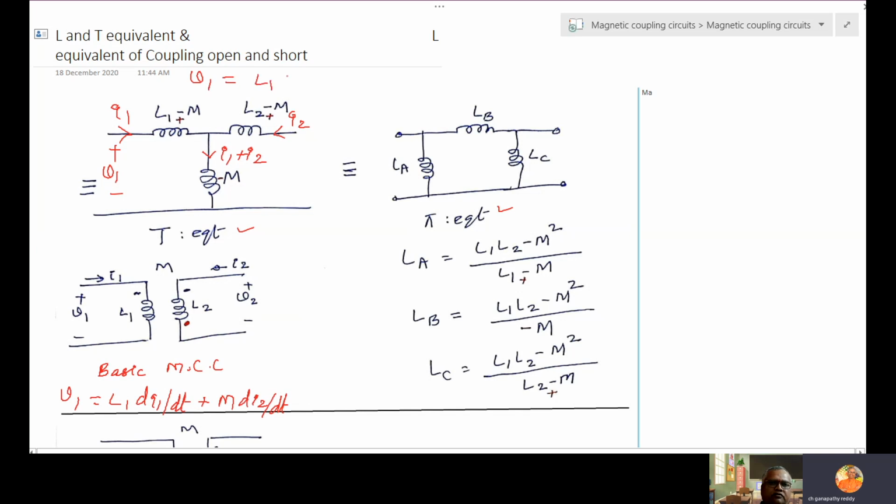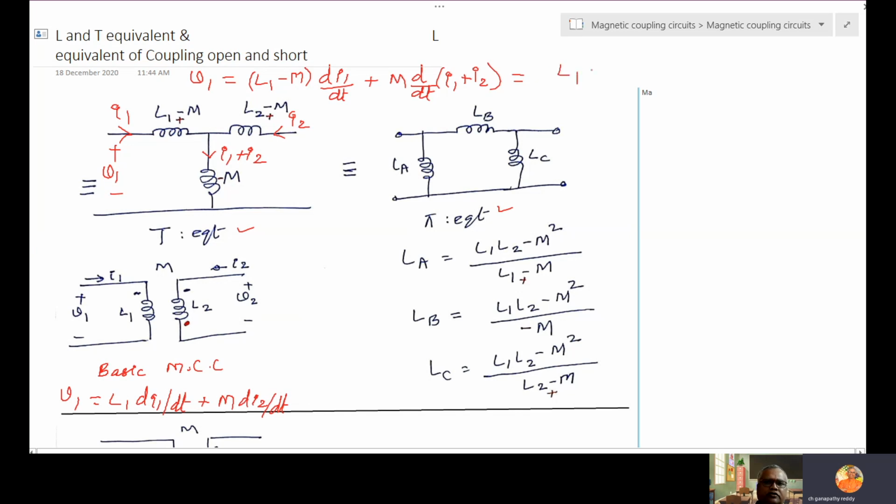So L1 minus M di1 by dt plus M d by dt of I1 minus I1 plus I2. You simplify this one: minus M di1 by dt plus M di1 by dt cancel.